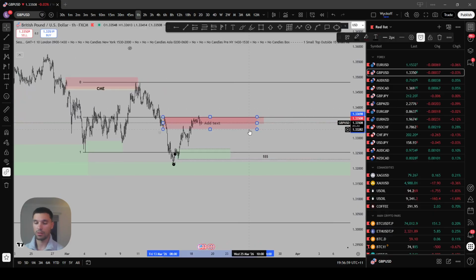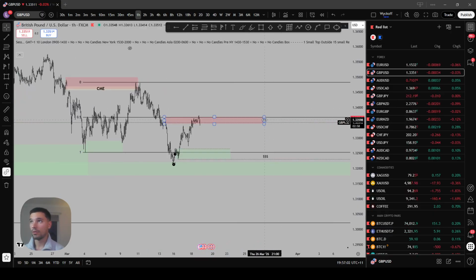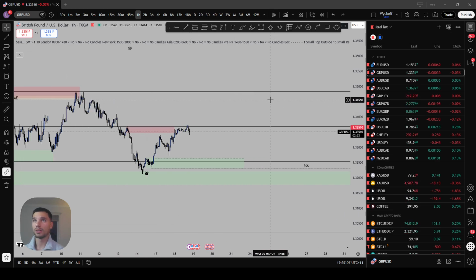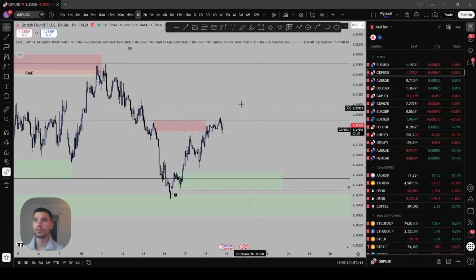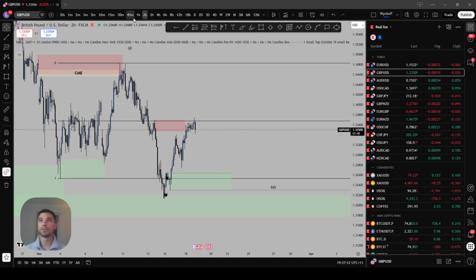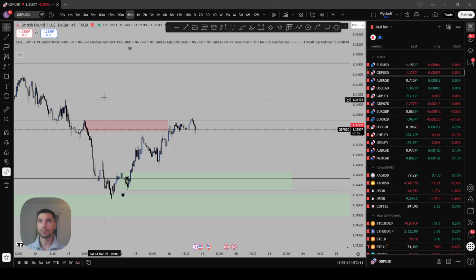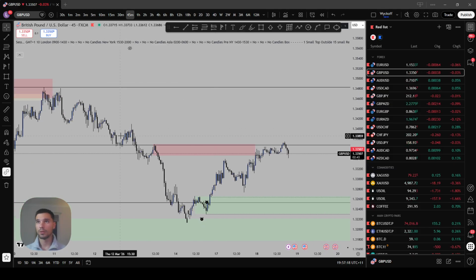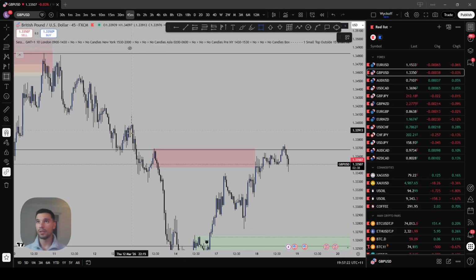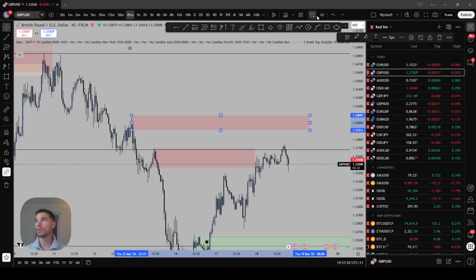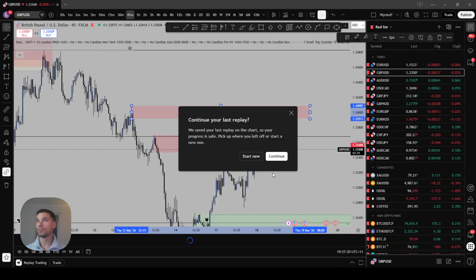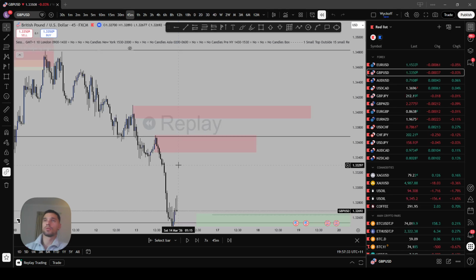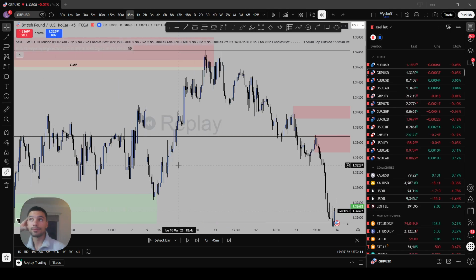Given that, I will be looking for distribution schematics. I have a feeling this supply OVIF here on the 45 got mitigated as well. But we will confirm this.